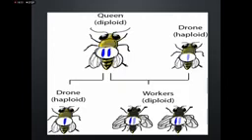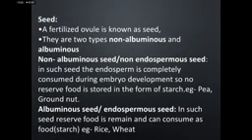So in honeybee, both fertilized egg and unfertilized egg development take place. Fertilized eggs become workers and unfertilized eggs become drones. So an unfertilized egg develops into an embryo that has only haploid chromosomes.